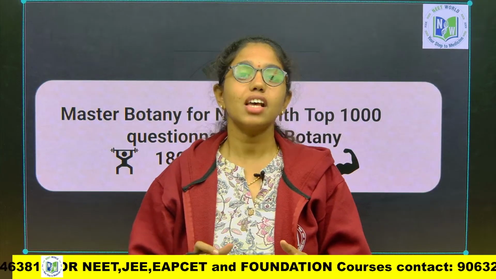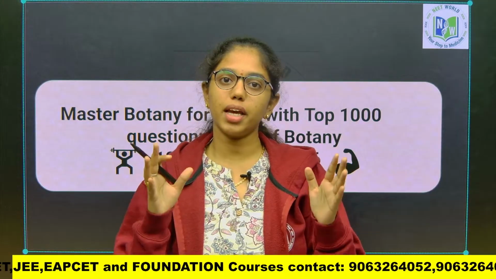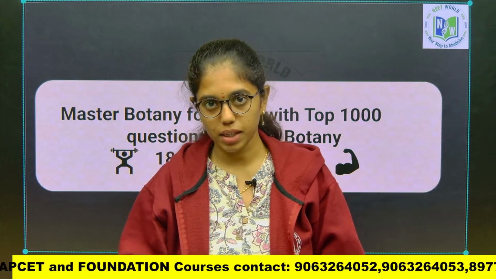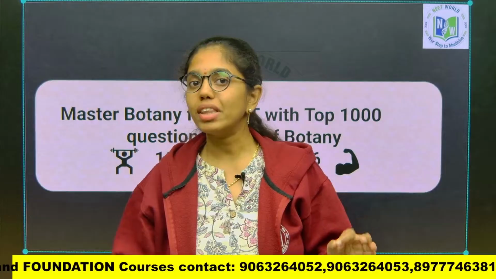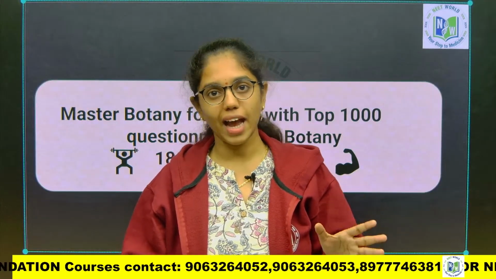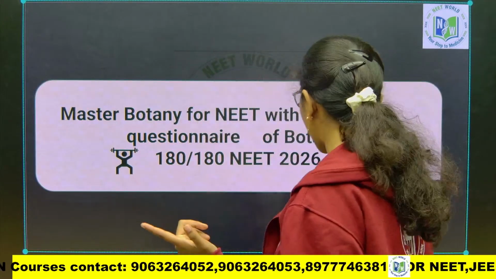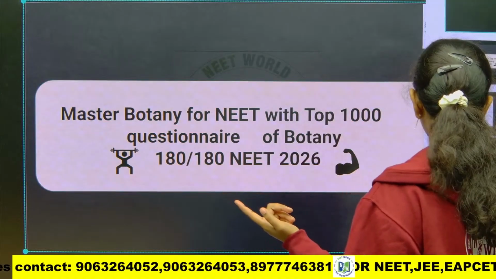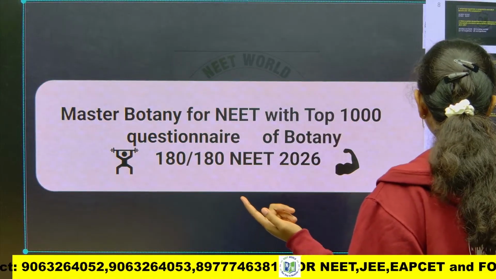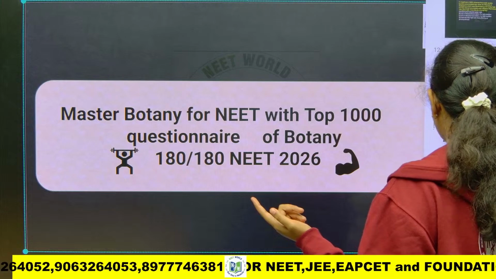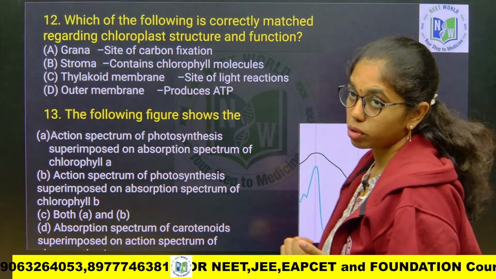So yes, we are on our second session of our 1000 questionnaire practice for NEET 2026, and we are with the chapter photosynthesis in higher plants. In our previous class, we have exercised questions based on the discoveries, early experiments of photosynthesis and site of photosynthesis.